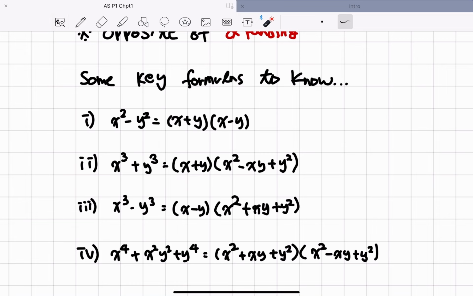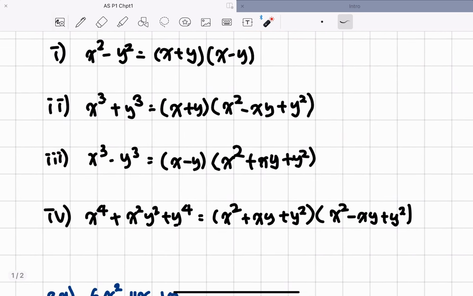So yeah, the first one, this formula, and the second one, x cubed plus y cubed equals x plus y times x squared minus xy plus y squared. The third one, x cubed minus y cubed equals x minus y times x squared plus xy plus y squared. And the difference between these two formulas, you can easily find: this one is x cubed plus y cubed, right?